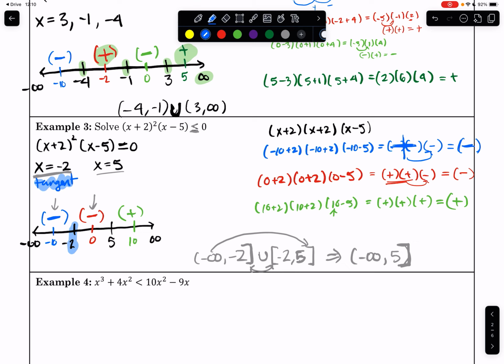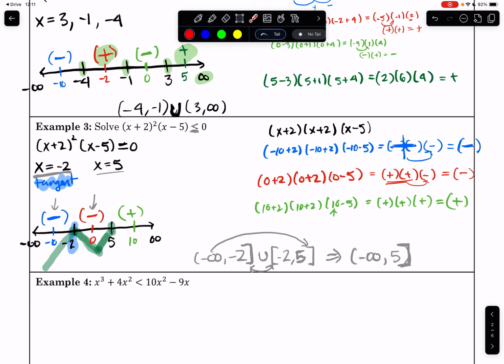So since on the left part of the graph we were negative, we were below the x-axis, we were getting to this 0, because we're tangent at that location, the graph is going to continue staying below the x-axis. So it's going to move down before it turns around and touches this next x-intercept.